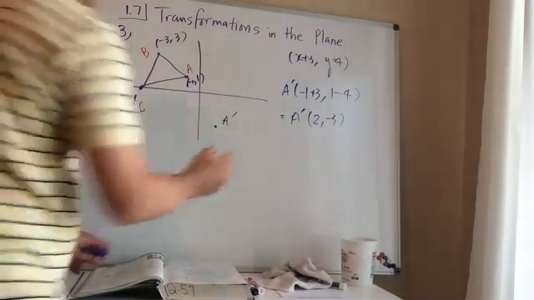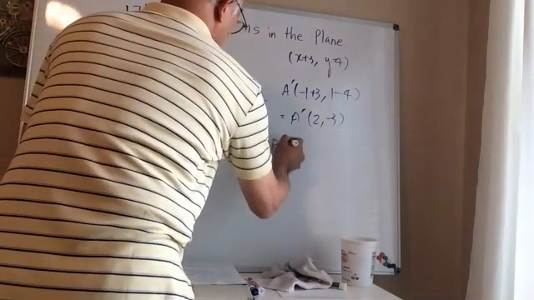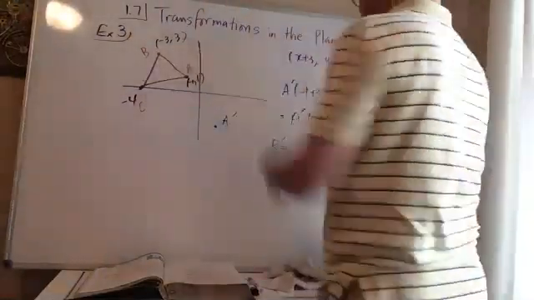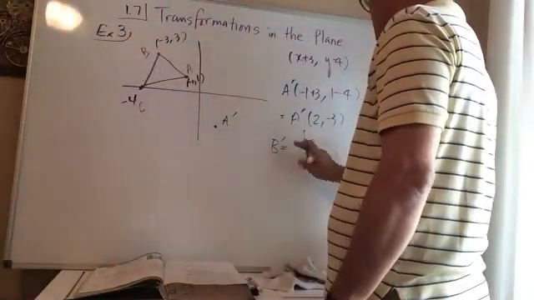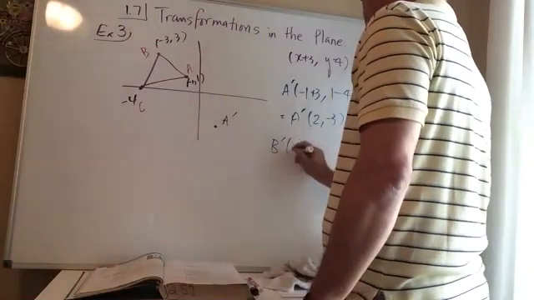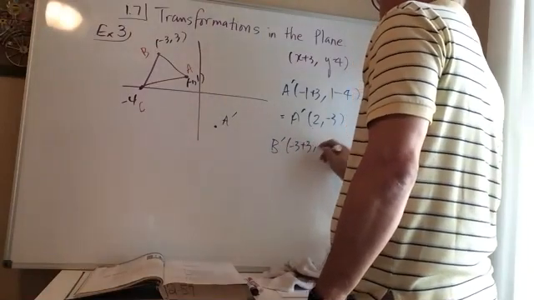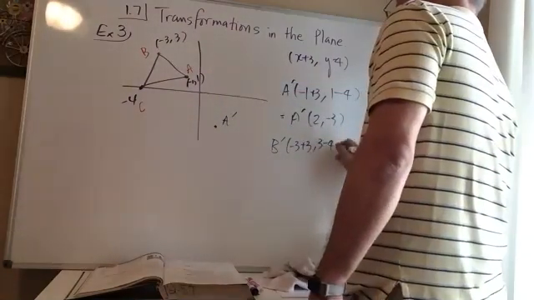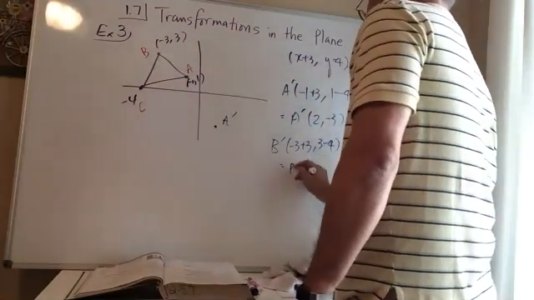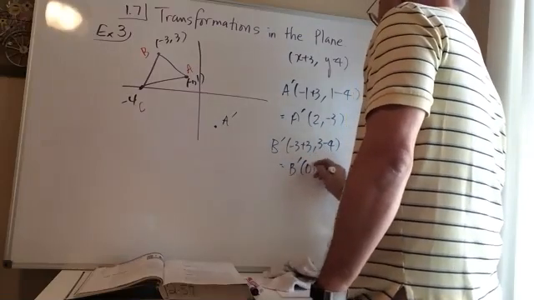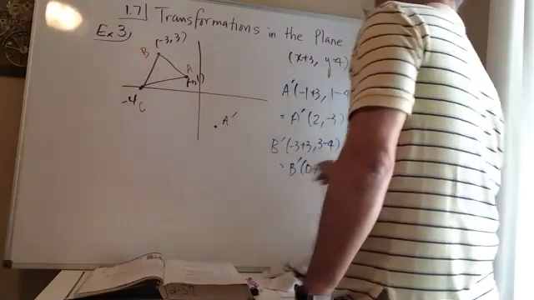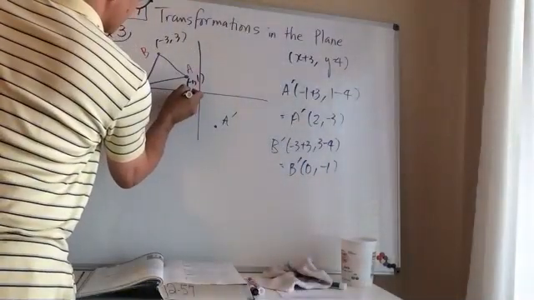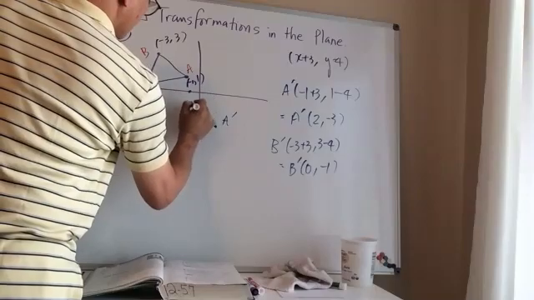My B is (-3, 3). So my B prime is going to be what? I'm going to go -3 plus 3, and then I started with 3 minus 4. So B prime is (0, -1). That right there would be my B prime.